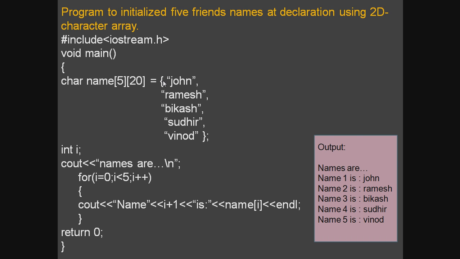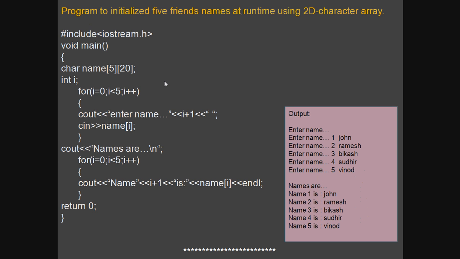All right, now next one is program to initialize the 5 friends name, the same program but at runtime. Right, so the difference you observe is that when you do it during runtime, you will need the cin input stream, and for that you will see that you need another for loop, because you need to enter 5 names, right? So if you have to enter 5 names, the loop needs to be repeated.